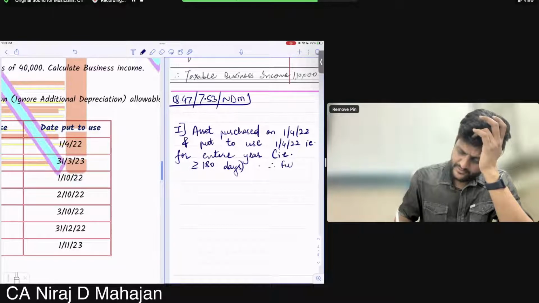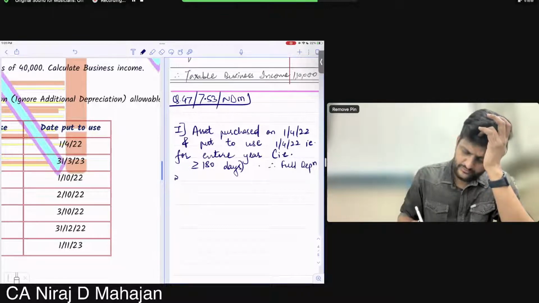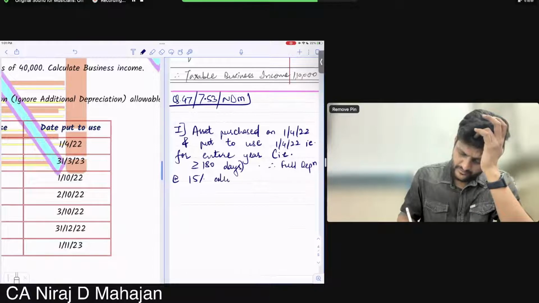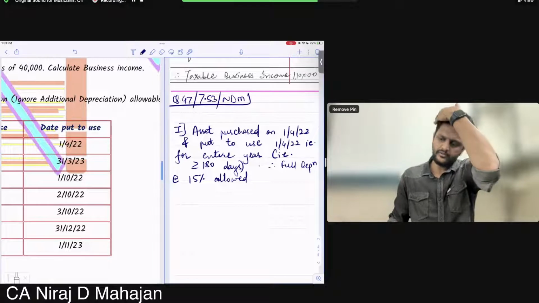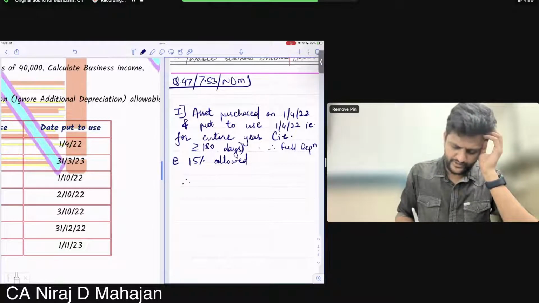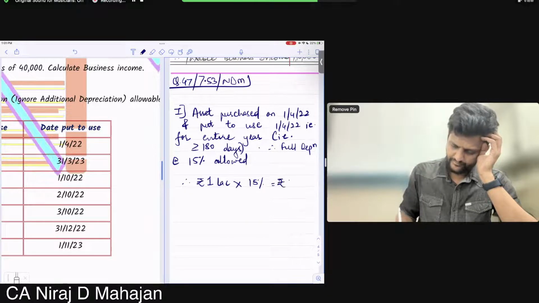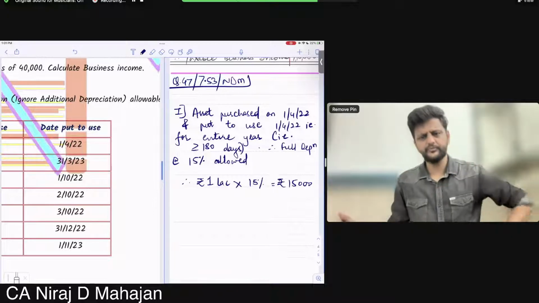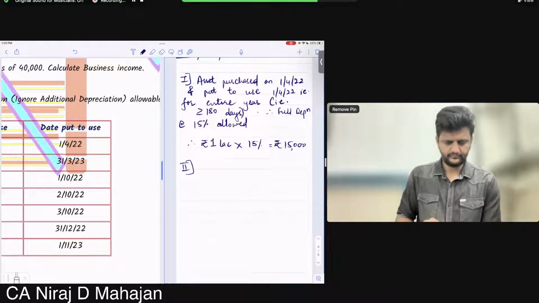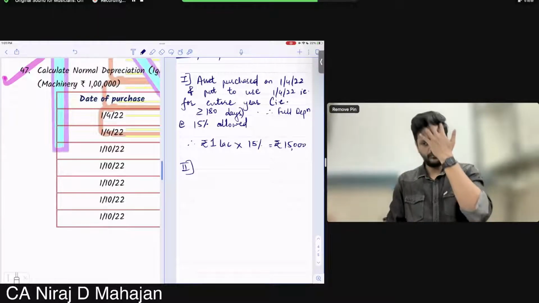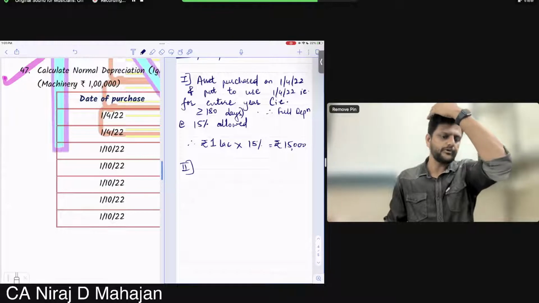Therefore full depreciation at the rate of 15% allowed. Full depreciation at the rate of 15% allowed. Cost of machinery 1 lakh into 15%, 15,000. Simple till here, all of you. That is my amount of depreciation.